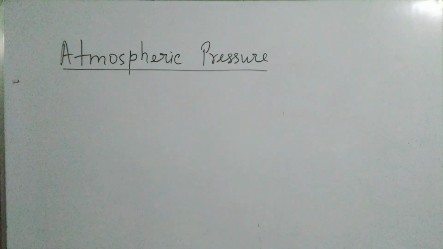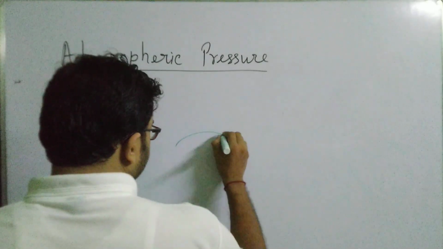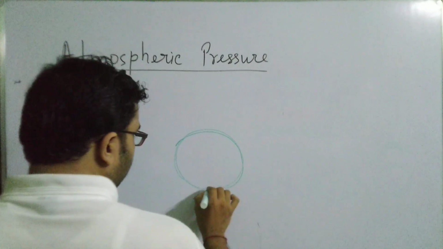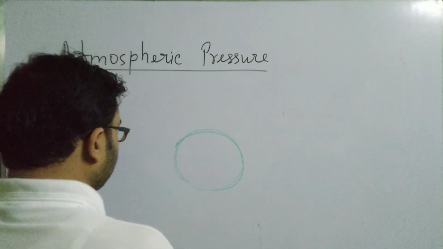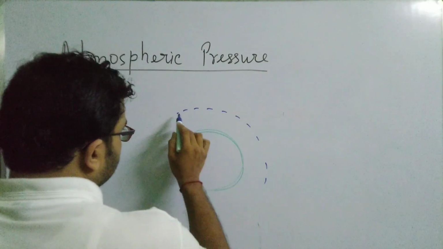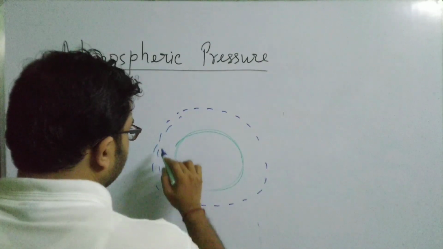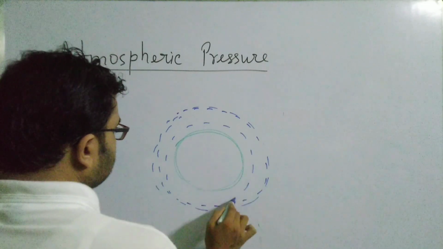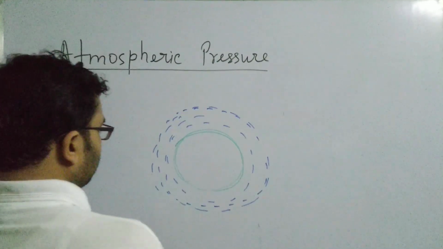Let us understand this through a simple diagram. If this is our earth, and the earth is being surrounded by atmosphere from all around, in a circular manner, there is a layer of air. Now this layer of air exerts a certain kind of force on the earth's surface.